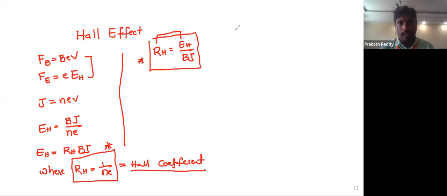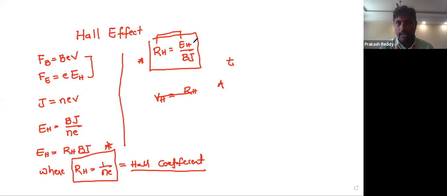One more quantity we have, that is VH, the Hall voltage developed across the material. Now we need to derive the relation for VH in terms of RH. For that we take into consideration the thickness t and the area of the sample.